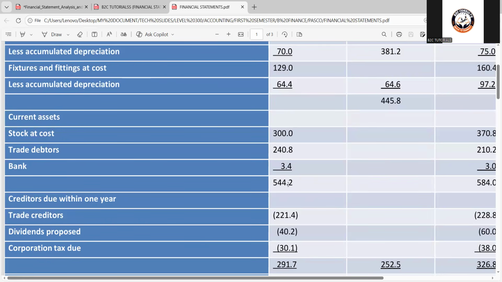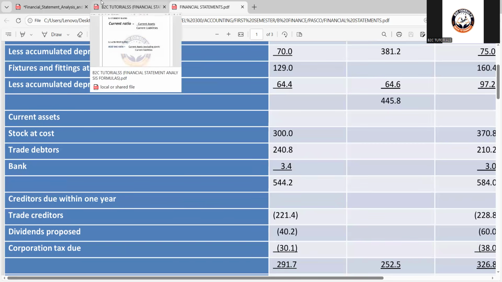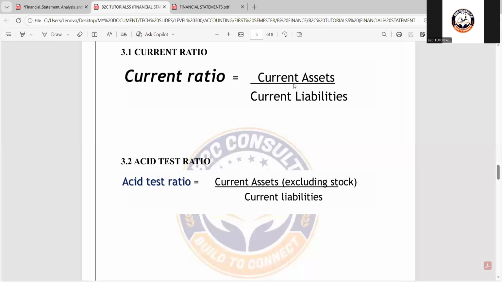544.2 divided by 291.7 gives you 1.86 times. So it is the number of times your assets can be used to pay your liabilities.